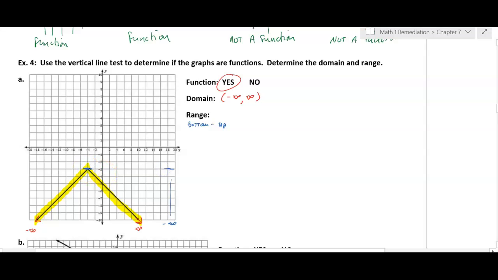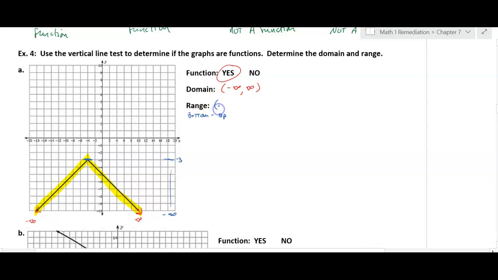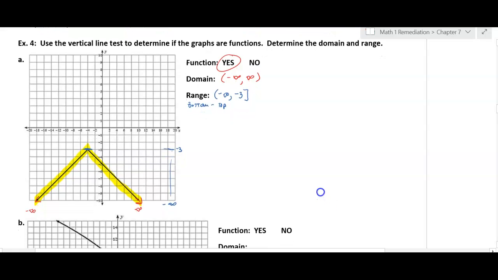Where does it stop? At -3. So we would say the range of this starts at -infinity on the bottom, goes all the way to -3 up top, and since -3 is on the graph, we're going to use a square bracket.